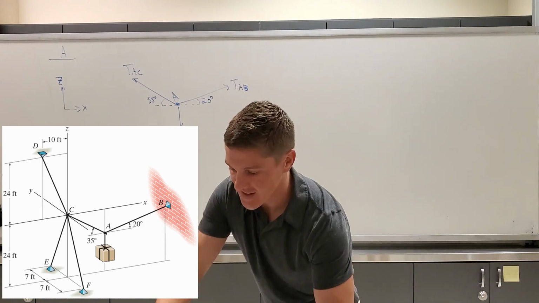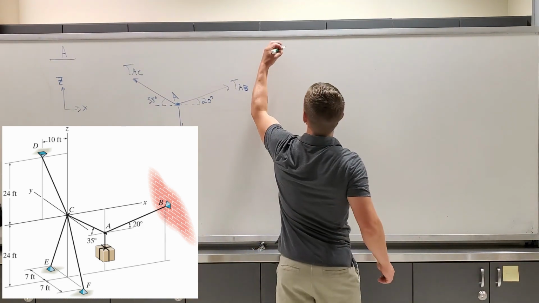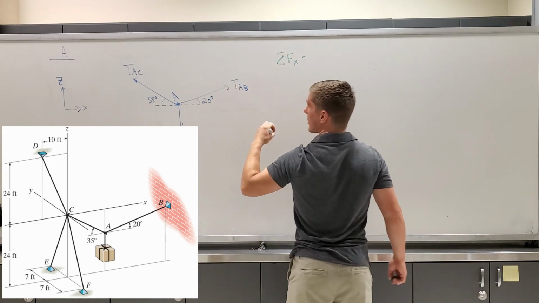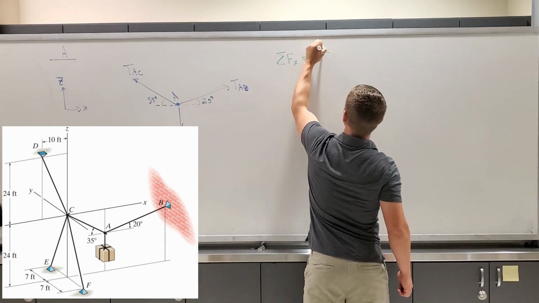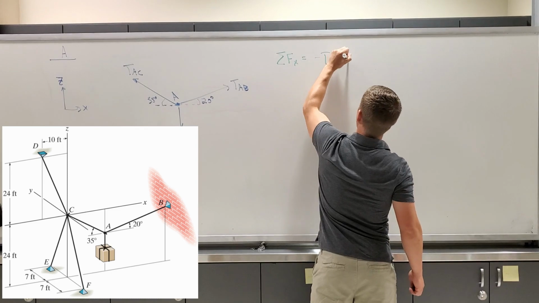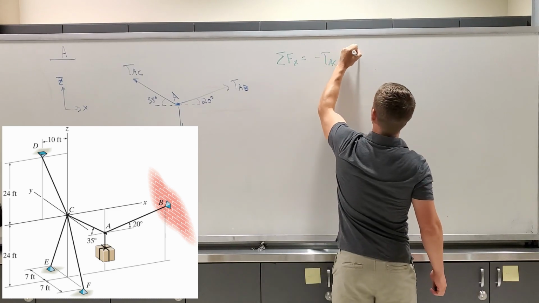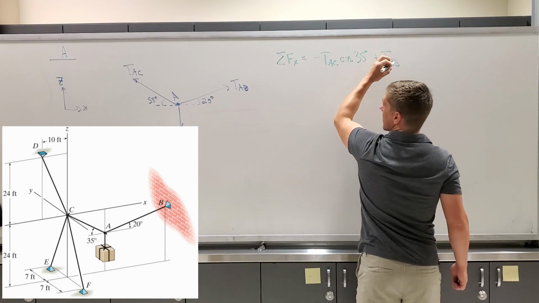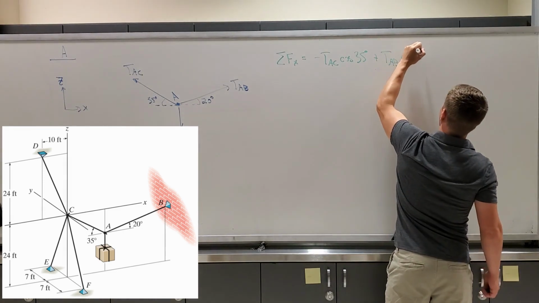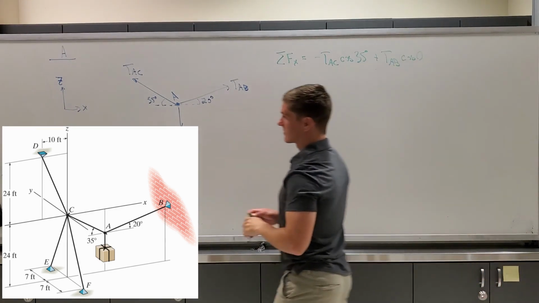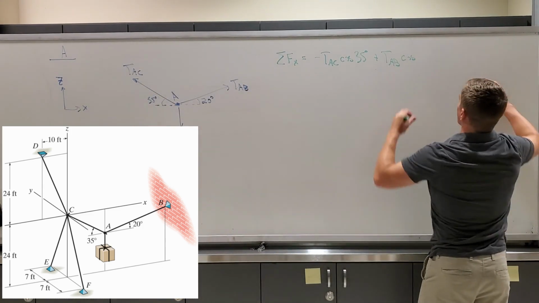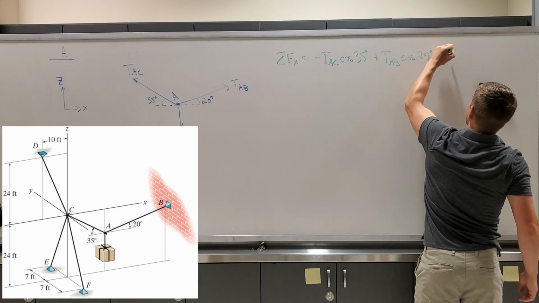And we can start by saying that the sum of the forces in the x direction is going to be equal to a negative TAC cosine of 35 degrees plus a TAB cosine of 20 degrees is equal to 0.